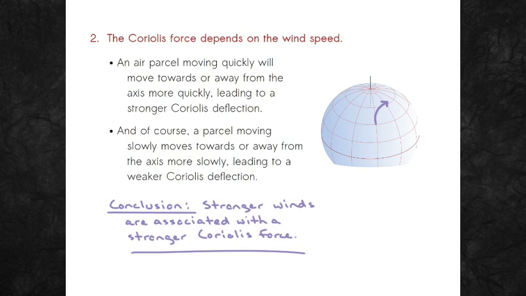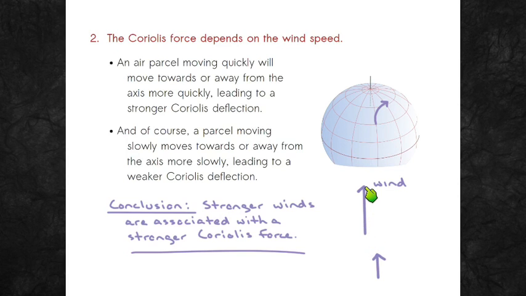So for instance, suppose that we had some wind that was moving in this direction as looking down from above. So it's moving northward, say. And then we've got some other air parcel that's also moving northward, but more slowly. Well, for this first one up here, recall that the Coriolis force pulls to the right of the wind direction.